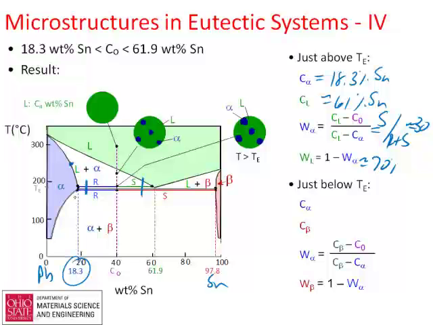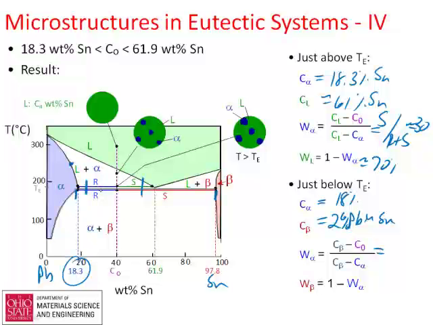And then when we get beneath this, again, it's going to be this composition of alpha in equilibrium with that composition of beta. So we're going to have about 18% tin in the alpha, and about 2% lead in tin. And then the weight percent alpha is going to be these things.